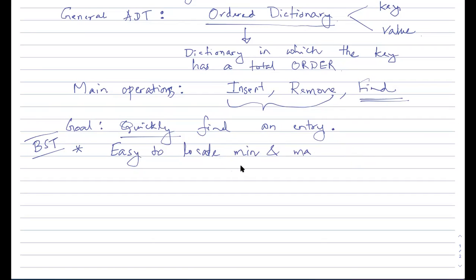To be precise, locate the node, because after all, the answer we are looking for, like when you're looking for some entry value, right? But what you want to get is the node itself. So it's easy to locate the node with min as well as max key.